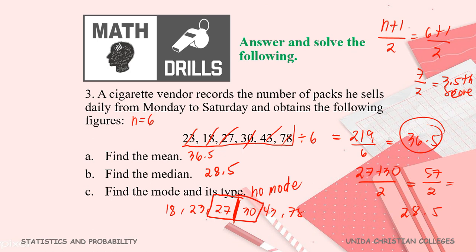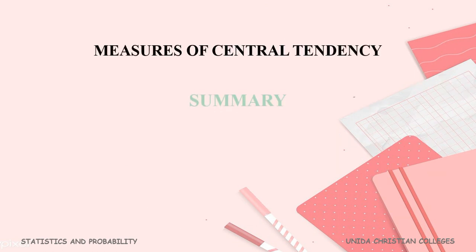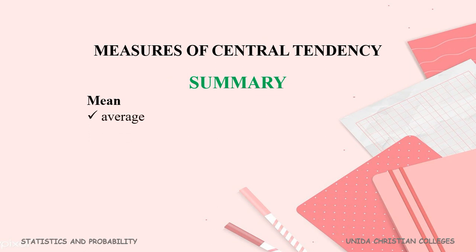Ayan. So, let's have our summary. Again, we have for the mean. So, ang term po na tatandaan natin for the mean is an average. So, to find for the mean, all we have to do is to add all the values and then divide it to the total number of your sample or the total number of your data.